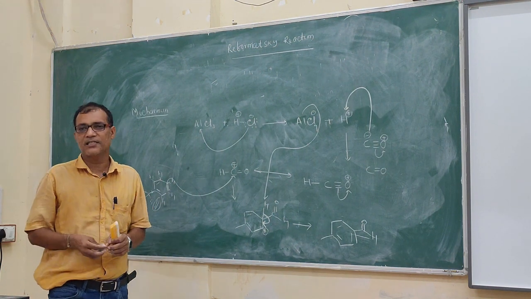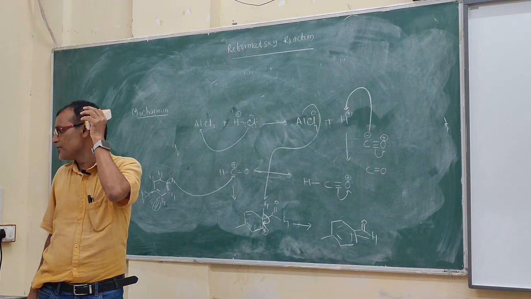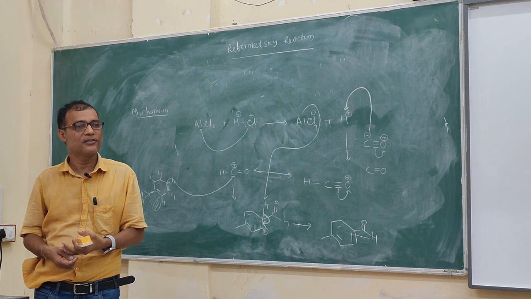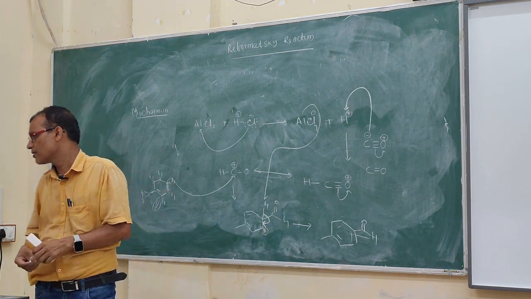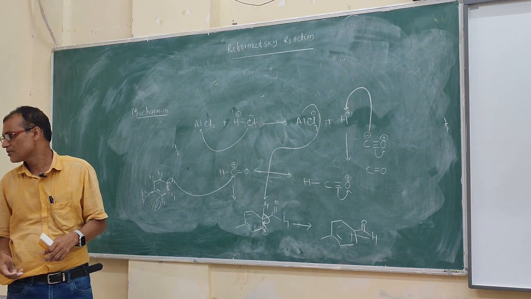It is a condensation reaction of an aldehyde or ketone with an alpha halo ester, that means alpha bromo maybe is better, in presence of zinc metal to form a beta hydroxy ester. So let us see.